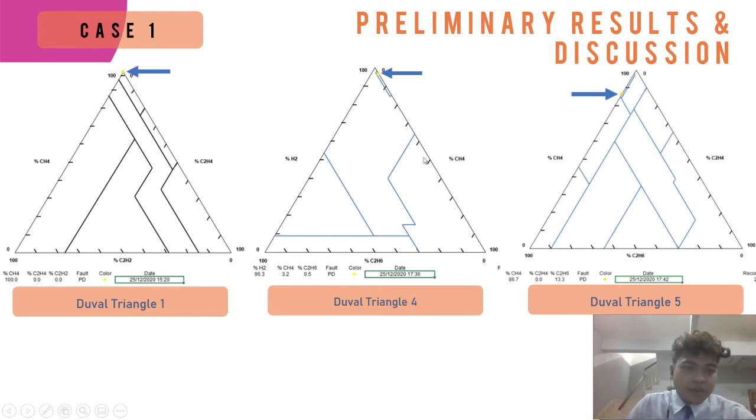These results were obtained by using the Duval triangle in Excel. For case 1, DT1 indicates the fault is PD, which is corona partial discharge. Duval triangle 4 indicates the same PD, and triangle 5 also the same PD.